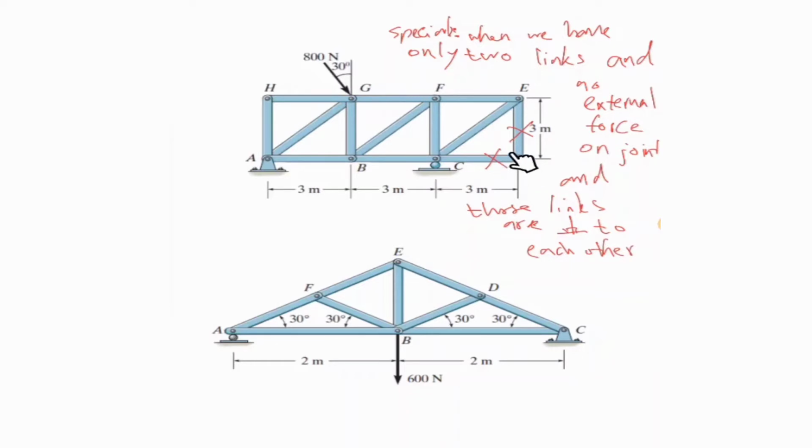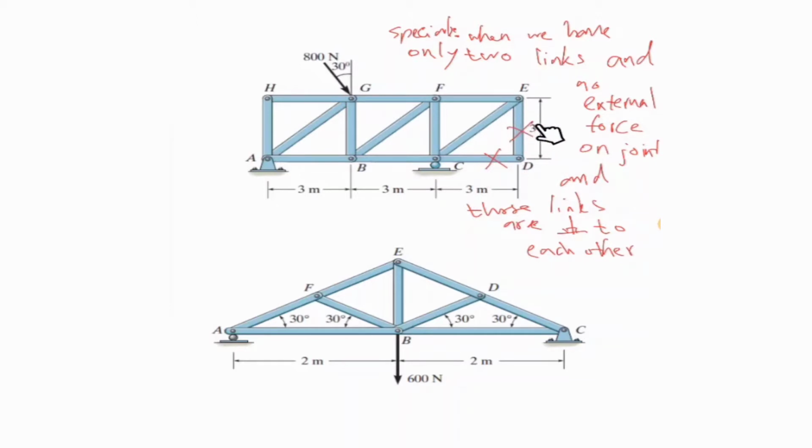And the reason is clear, because if there is some force here, there is nobody in front of that to keep this joint, and this starts to move to the left or right. The same story here, we cannot have any.